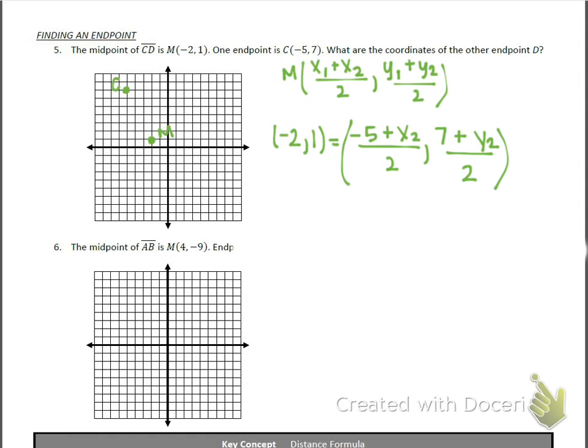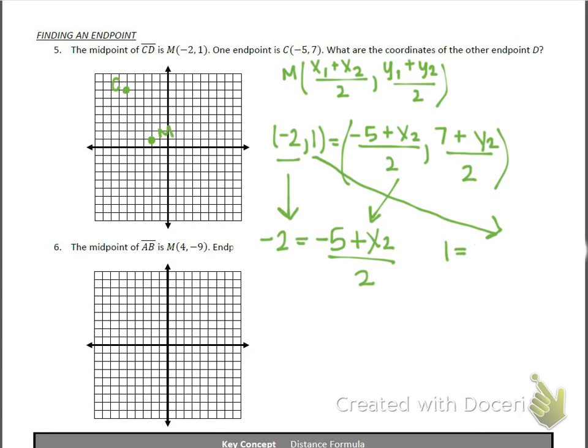So we have two things we have to solve for. I'm going to do the x's down here. -2 equals -5 plus x2 divided by 2. And then you do the same thing for the y's. 1 equals 7 plus y2 over 2.